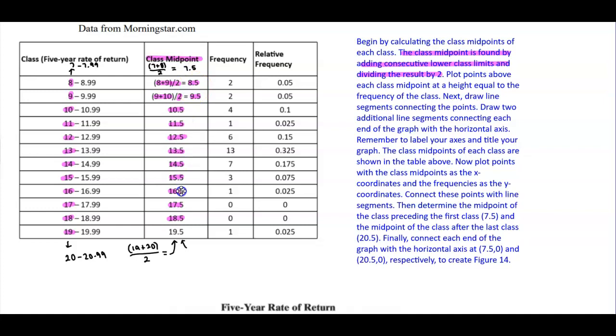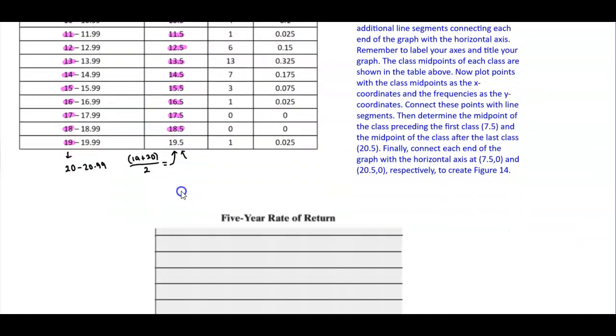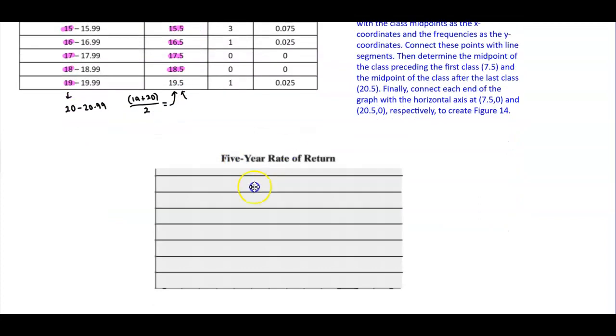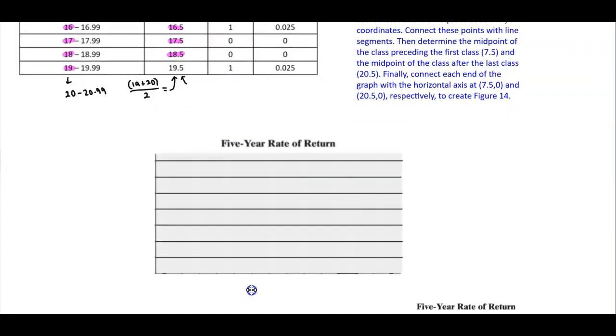Now we're going to look at the 5-year rate of return. Our horizontal axis is going to consist of the midpoints. If you take a look here, it starts at 7.5 and goes all the way to 20.5, which is the next one.